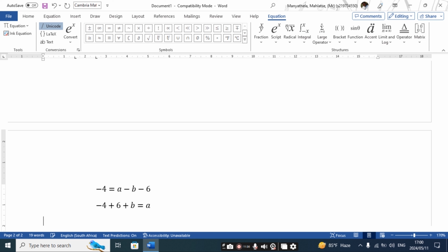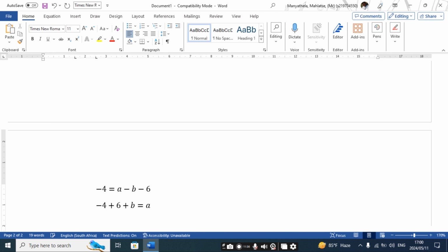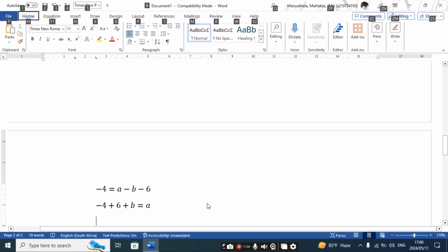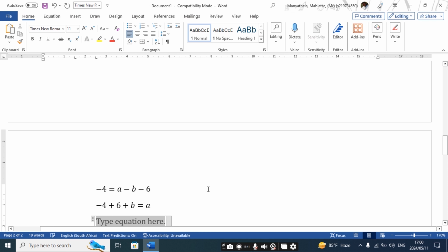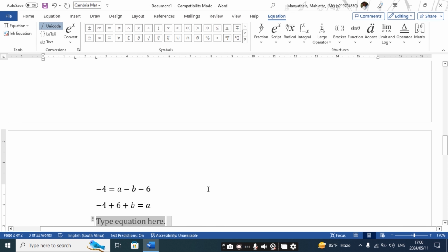Let's add the like terms. 6 minus 4 will give us 2. So we're going to have 2 plus b equal to a, and this is my second equation.